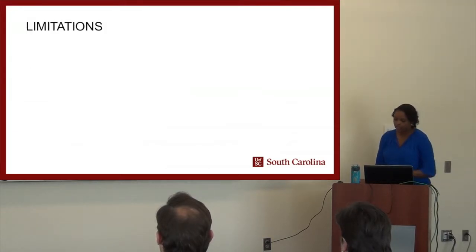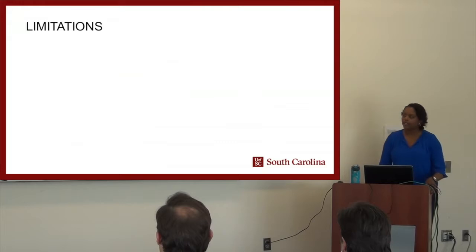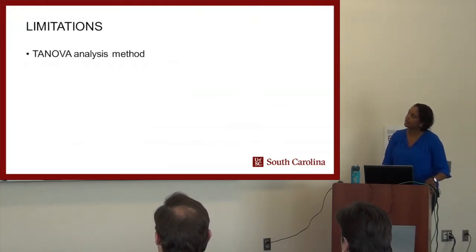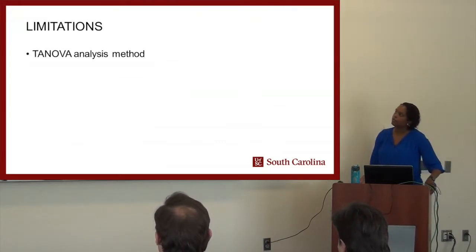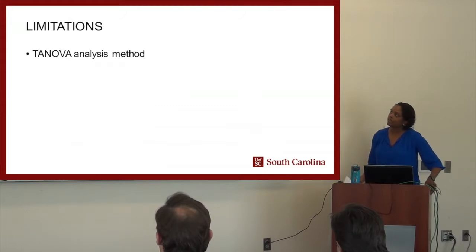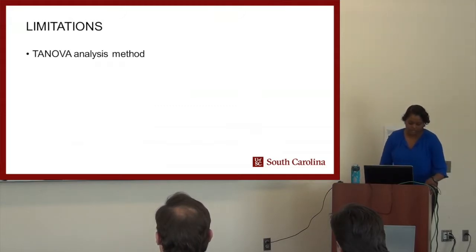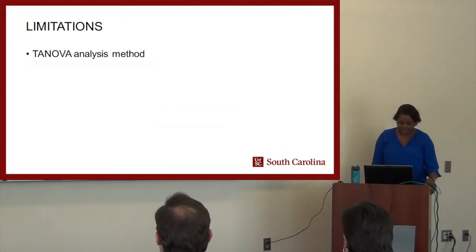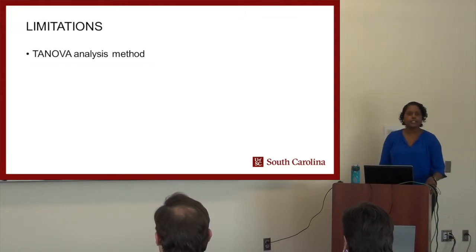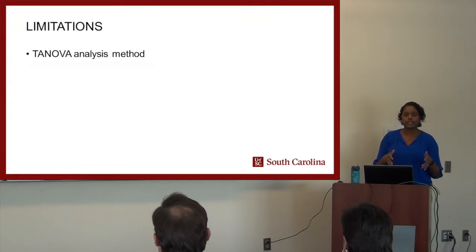So there were a number of limitations that we faced while conducting this portion of the study. One is the TANOVA analysis method, which was new to me and I think to a number of us. Because the trials were averaged within an individual, we're really comparing differences in brain activity and not necessarily behavior.